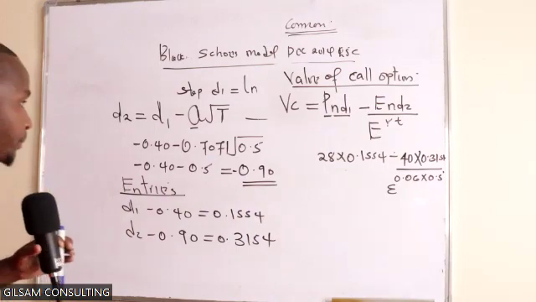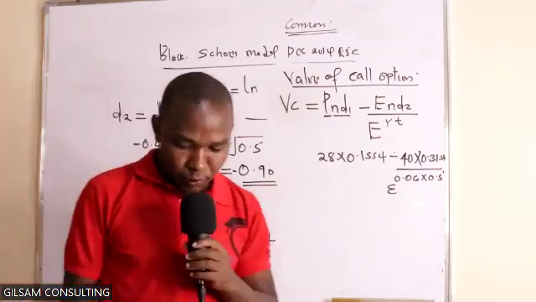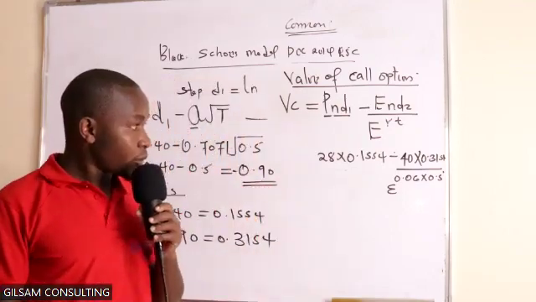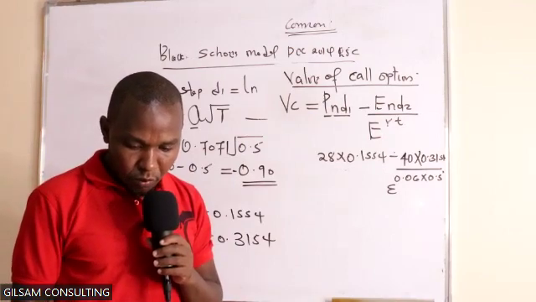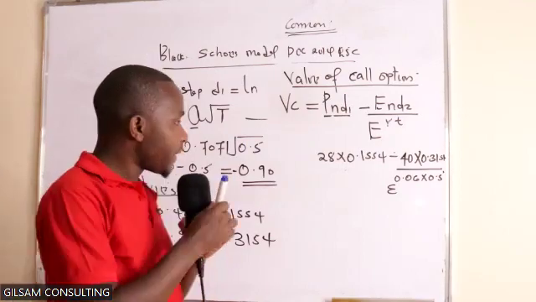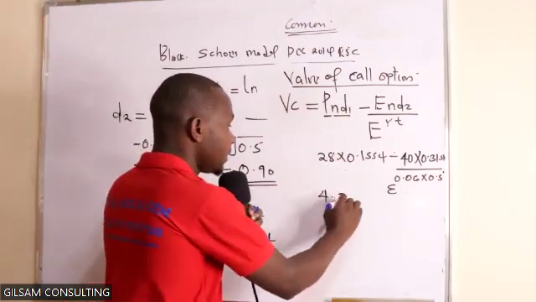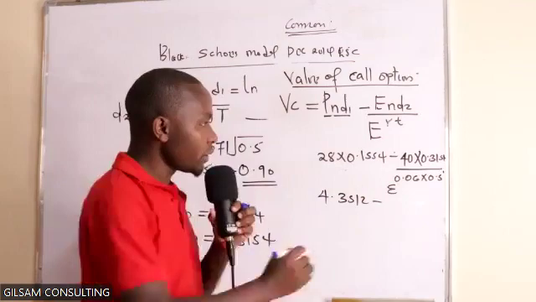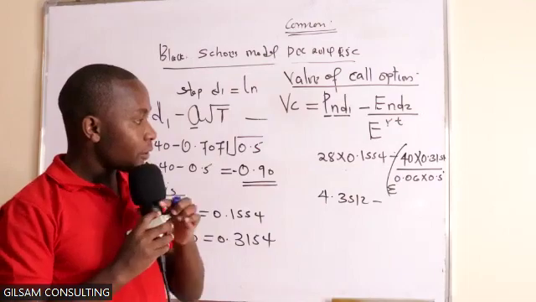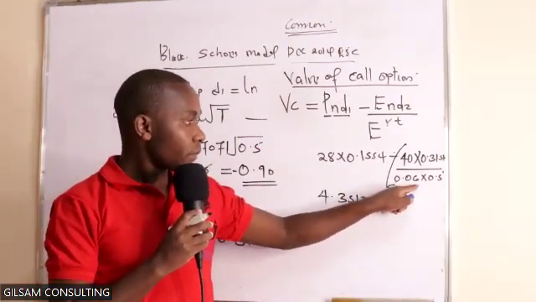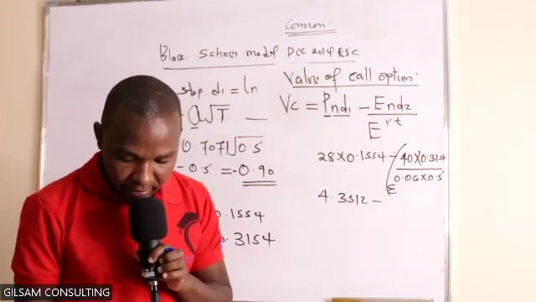Now let the calculator do its work. First 28 times 0.1554 gives us 4.3512, minus the other part, 40. The Euler constant you can get by shift then ln, natural log.